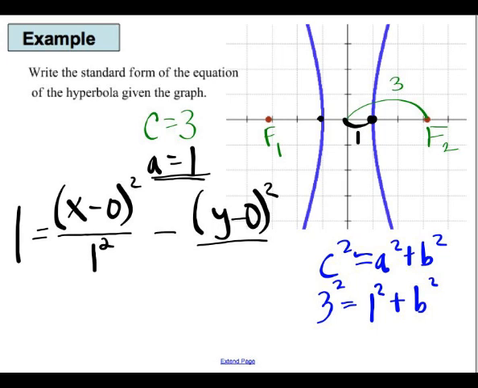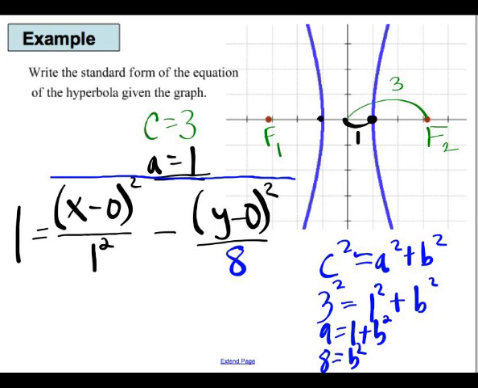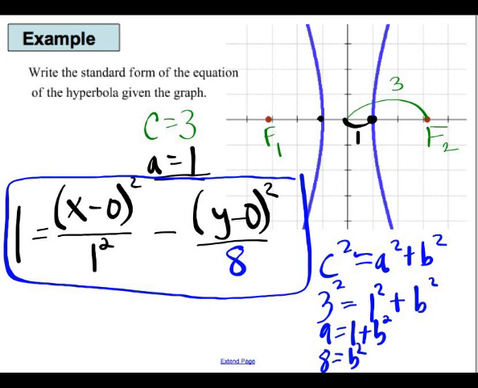So we end up getting 9 equals 1 plus b squared, so b squared is 8. It was not sketched in the picture, but again, I can use the clues to decipher what I need. So here is your final equation for this hyperbola, and you are finished.